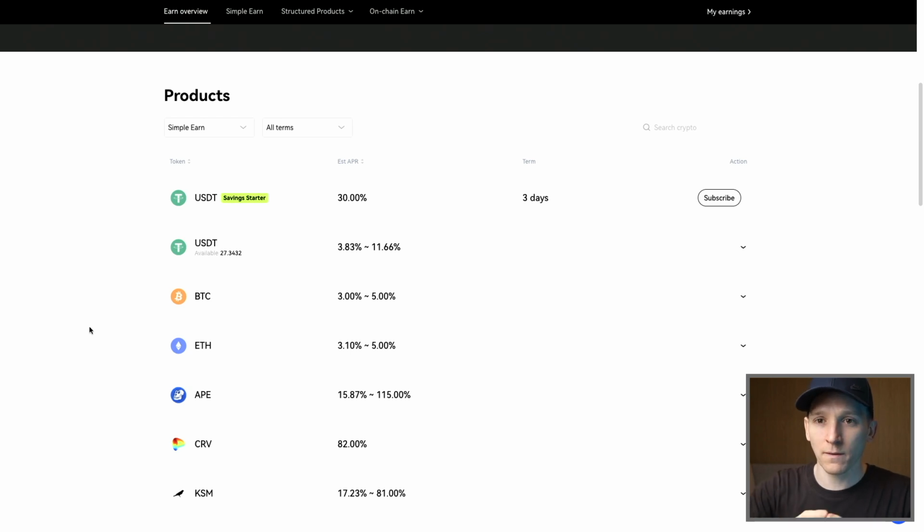OKX kind of sits in the middle right here and makes sure that anyone trading on leverage and borrowing our money can pay it back. The way they do that is through liquidations on the trading platforms to make sure that no one gets into a bad debt. So if all is working well, these people should be paying us an interest rate, but they should also have some collateral to back that loan.